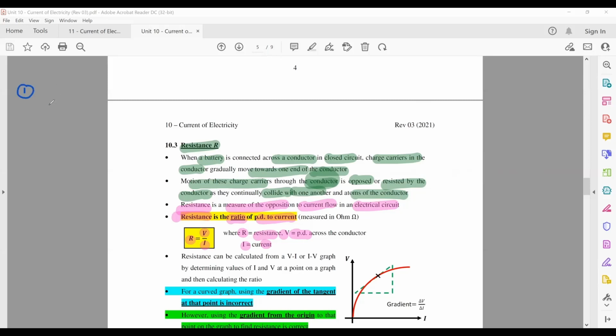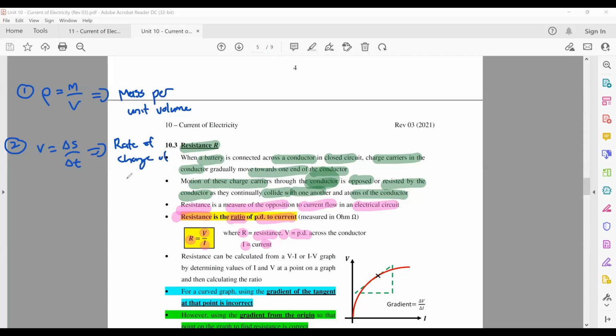Now, if I give you density, this one you will tell me is mass per unit volume. Then if I give you, say, velocity, this one you will tell me is rate of change of displacement.